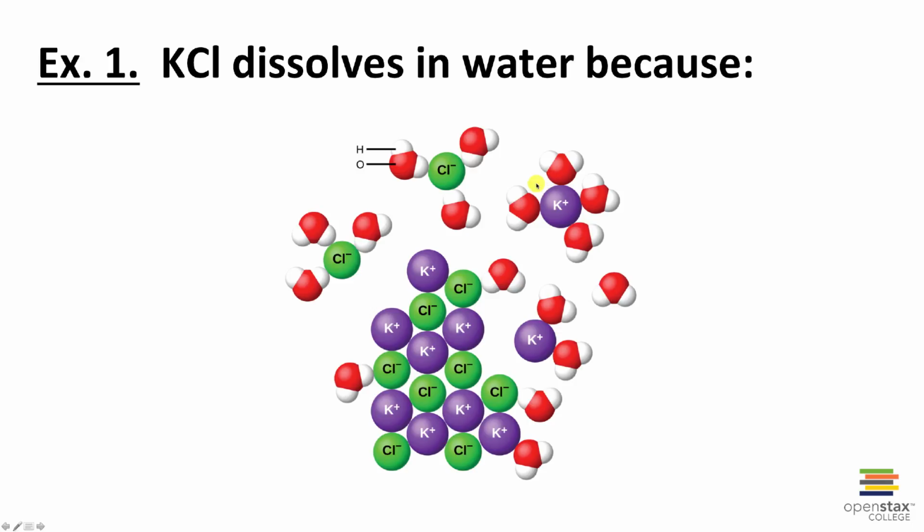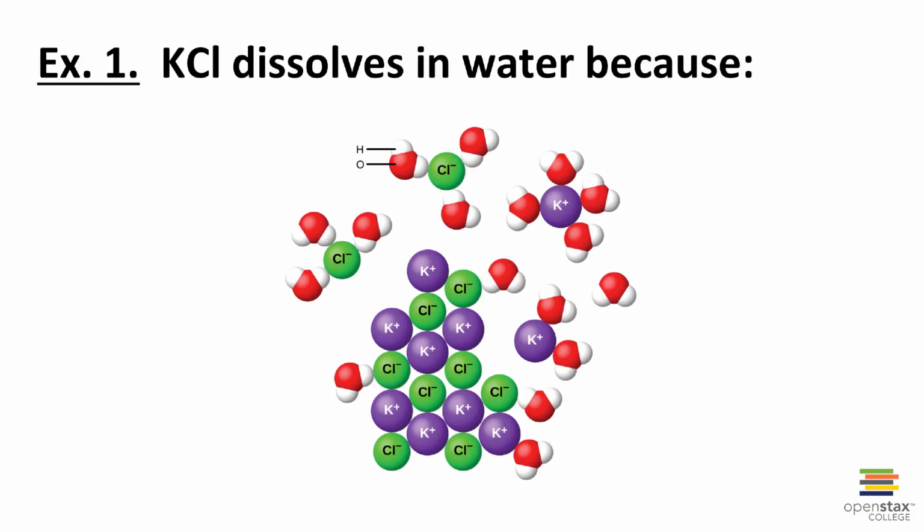And if we have strong enough ion-dipole attractions, then that can overcome the ion-ion attractions, the ionic bond between potassium and chloride ions, and in a sense the potassium and chloride ions are pulled into solution by the polar water molecules.